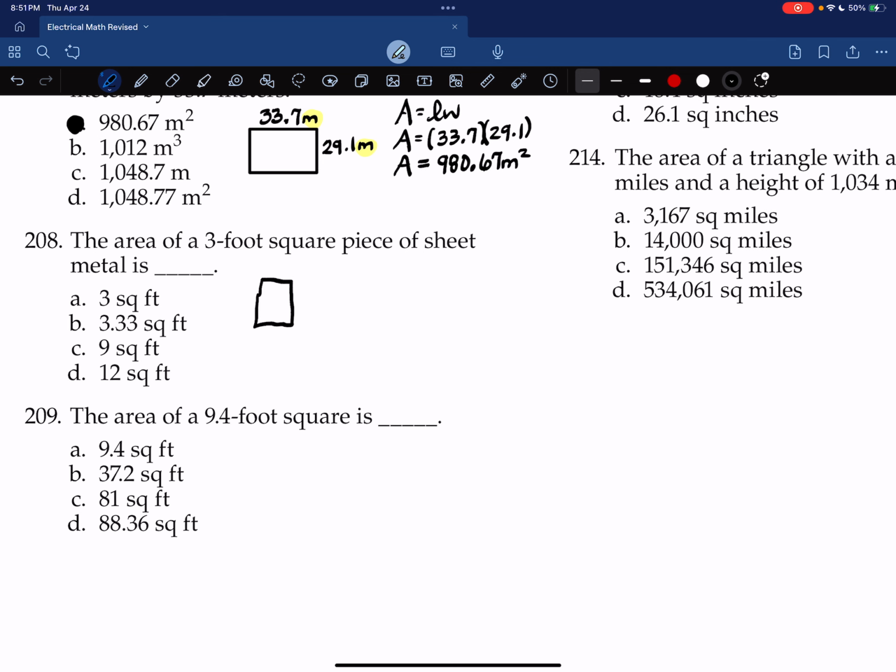And area is going to be length times width. So we're looking at 3 times 3, or 3 squared. You could also write it that way. And that's going to be 9 square feet. So I like C for that one.